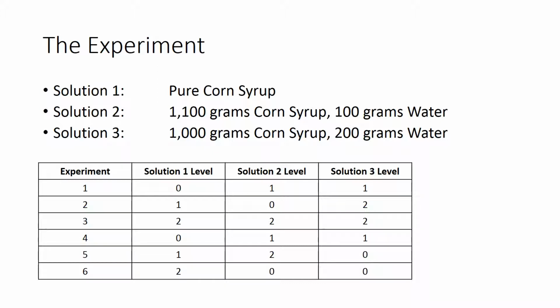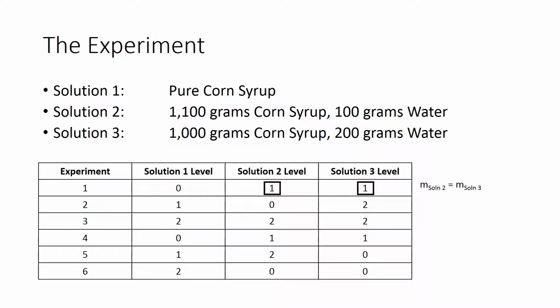And solution C you'll produce by mixing 1000 grams of corn syrup and 200 grams of water. These will be used then as our 3 parameters, which will be blended together, and we're going to measure both the viscosity and the density of the mixtures.